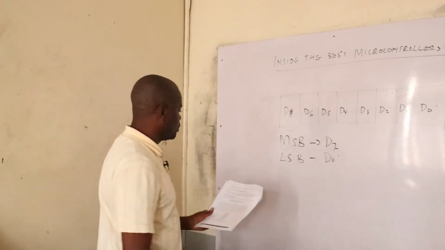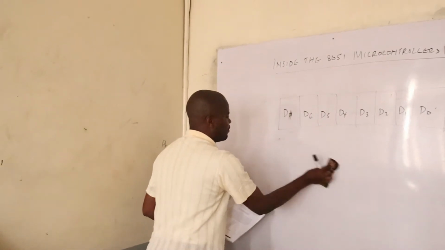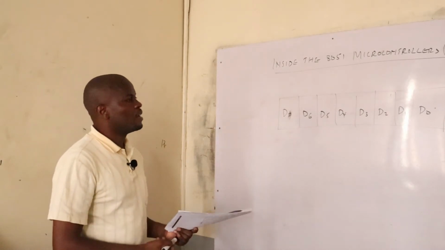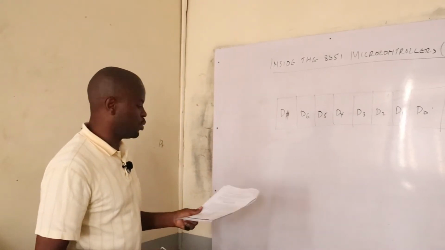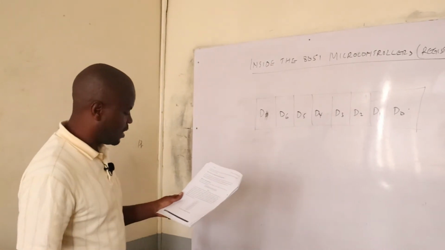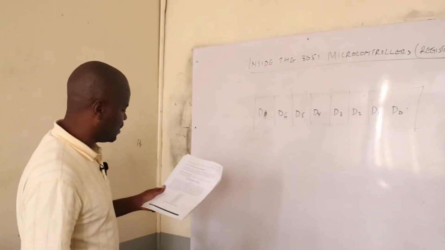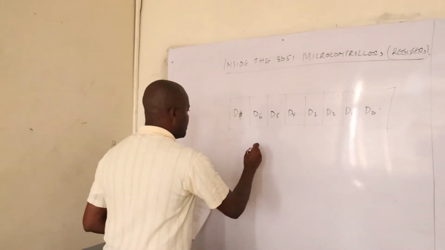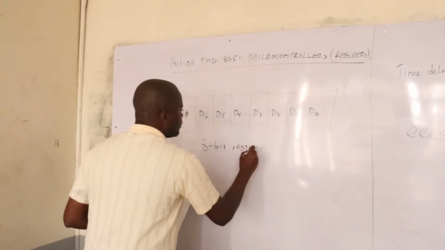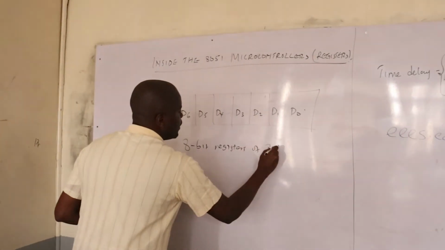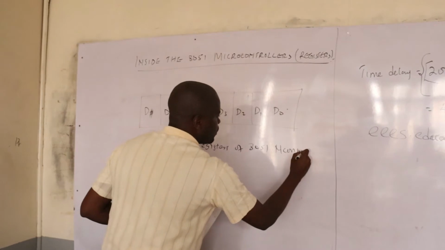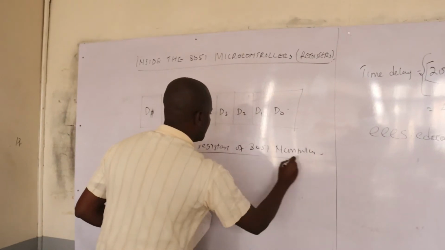We can divide them into two. The first one is what we refer to as the 8-bit registers of the 8051. So we are going to start by looking at the 8-bit registers of 8051 microcontrollers.